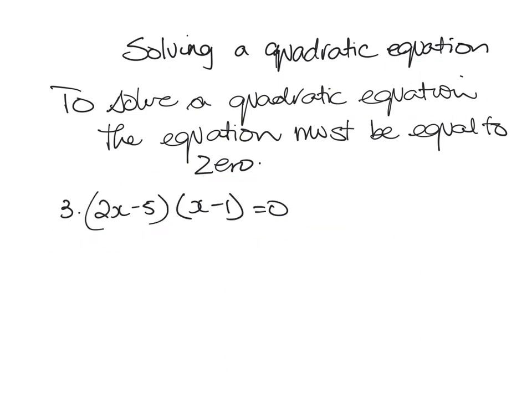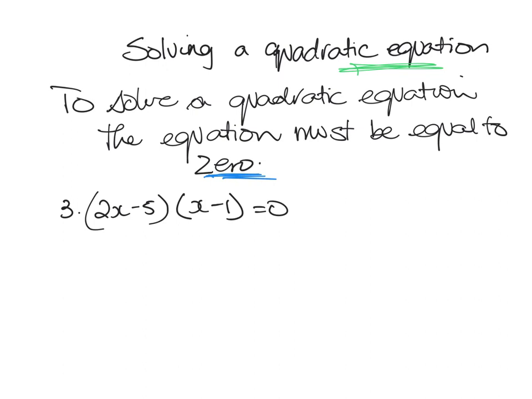Here is yet another quadratic equation, another equation where the equation is equal to 0. We see it is equal to 0 because to solve a quadratic, the equation must be equal to 0. It is already in the factorized form.